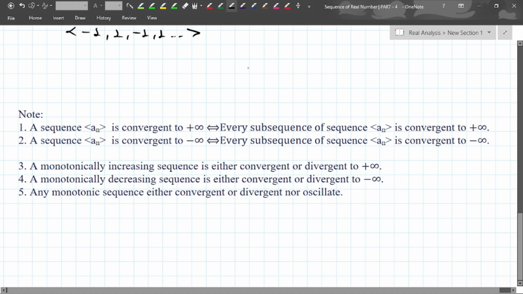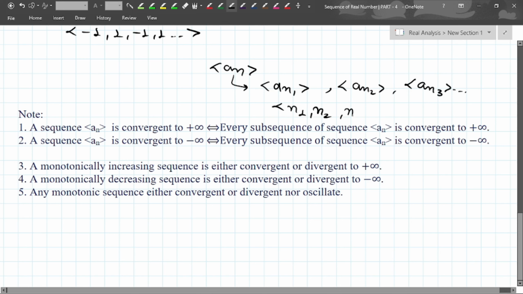If you have any sequence an, and you are taking a_n1, a_n2, a_n3, these are subsequences, which means that n1, n2, n3 should be a strictly increasing sequence of numbers like 1, 2, 3. Then we can say this is a subsequence.